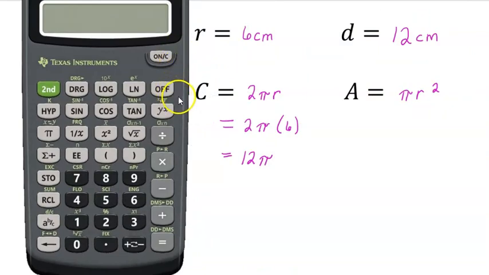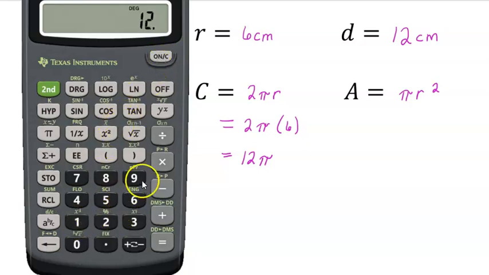If they ask you for a rounded version of the answer, or if they're asking you to write it to the nearest decimal, whether it's tenths or hundredths, you're going to use your pi button in your calculator unless they tell you to use something else. I know that there are some tests that are going to ask you to use 3.14 and then round using 3.14, or they're going to ask you to use 22/7. In this case, we're just going to use the pi button.